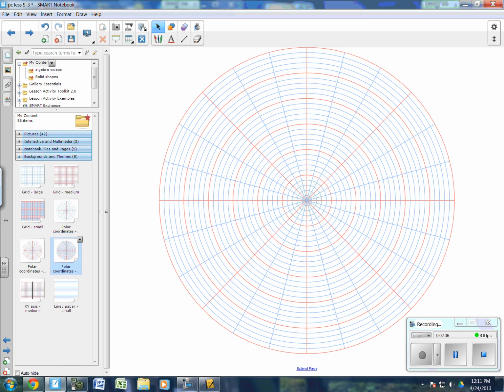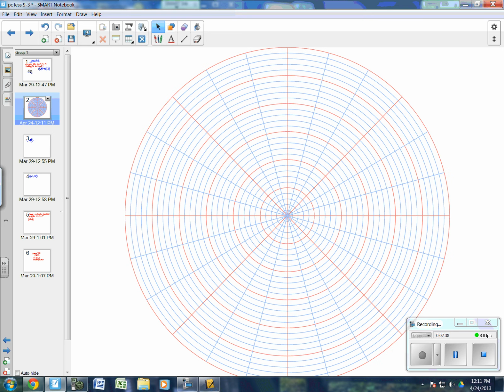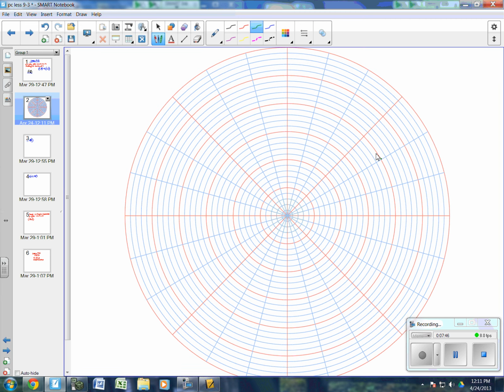All right. So let's say I have a point. These are every 15 degrees, right? Wait, what was that point that I had on the last thing? 5 comma pi thirds, is that what it was?